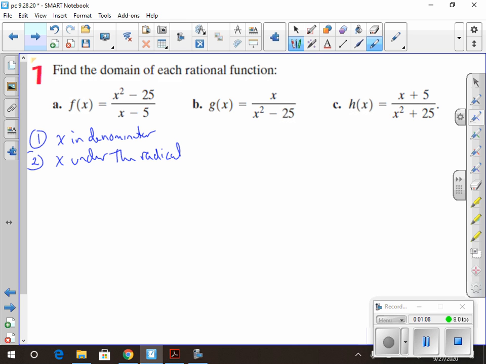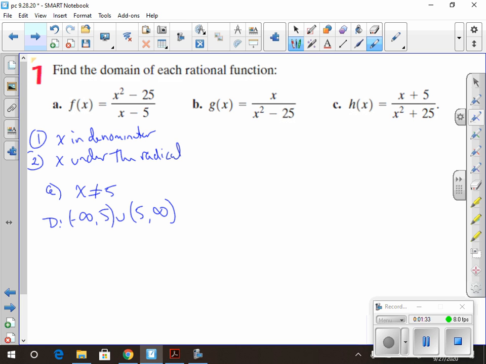All right, so this should be a review. We know that for A, x cannot equal 5, therefore our domain is going to be from negative infinity to 5, union 5 to infinity.